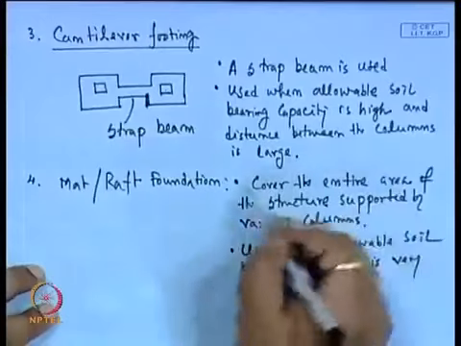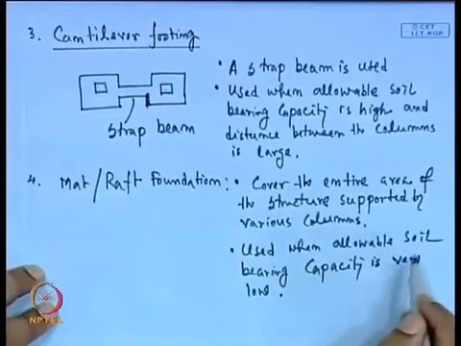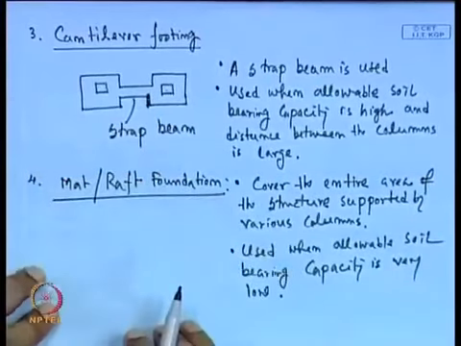So, this covers the entire area of the structure and it is used when the allowable soil bearing capacity is very low. So, these are the different types of combined footings.